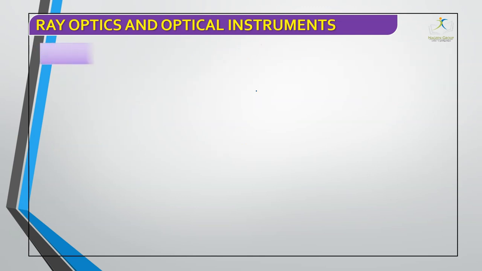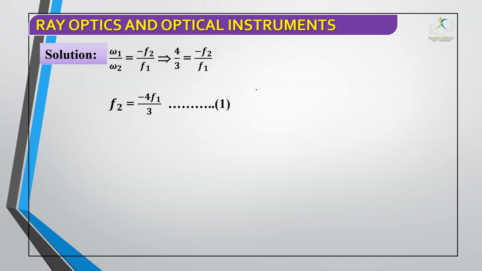We have a solution. Omega 1 by omega 2 is equals to minus F2 by F1. Omega 1 is given 4 and omega 2 is given 3. So 4 by 3 is equals to minus F2 by F1. F2 comes minus 4 times F1 by 3, and F1 F2 by F1 plus F2 is given 60 centimeter.